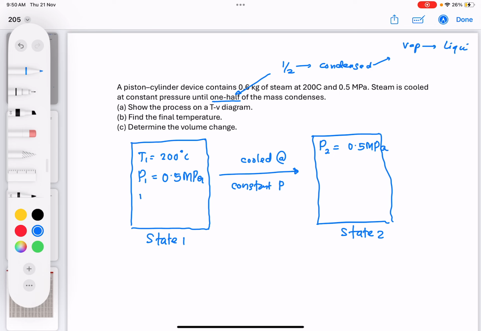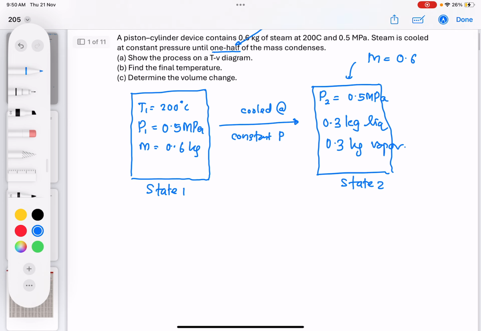Because here the mass was 0.6 kg, and it is a closed system, the total mass in state 2 is going to be 0.6 kg. Its half was condensed, meaning that 0.3 kg will be in the liquid form, and another 0.3 kg will be in the vapor form.